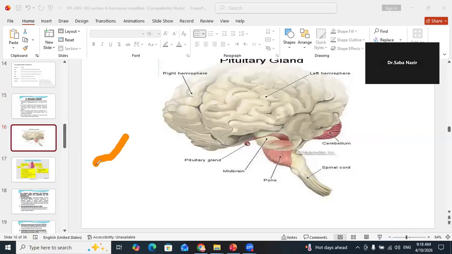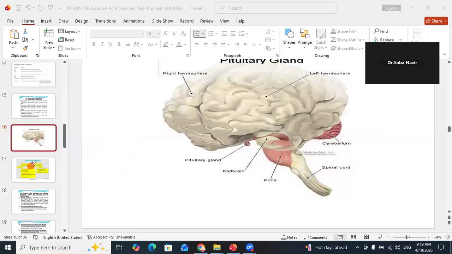If this is the structure of the pituitary gland, it is divided into two lobes, the anterior lobe and the posterior lobe. In biology, anterior means something in the front and posterior means something at the back. So pituitary gland is divided into two lobes.